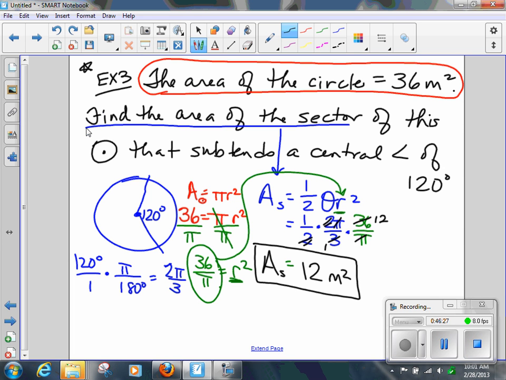Look at it another way. It is a third of my circle, isn't it? Is 120 a third of 360? Yes. Is 1/3 of 36 12? It is a portion of.